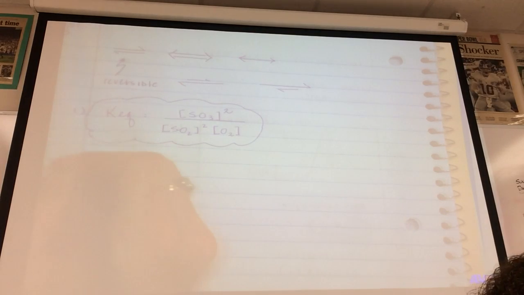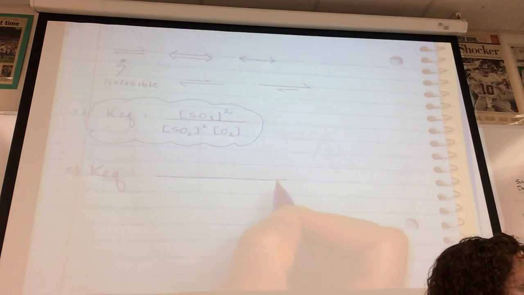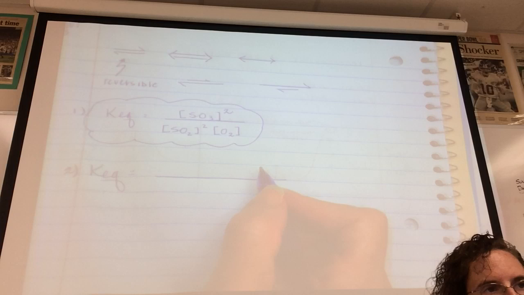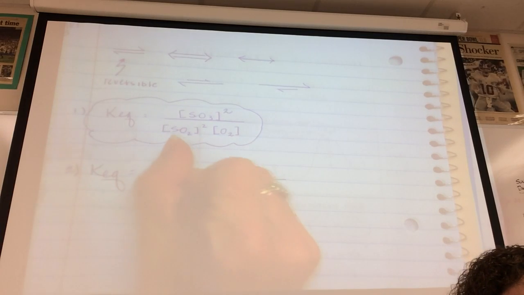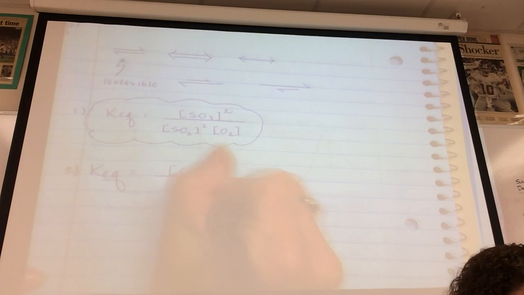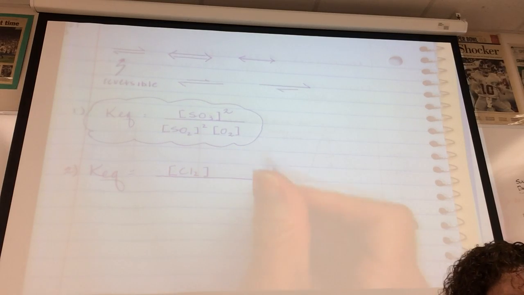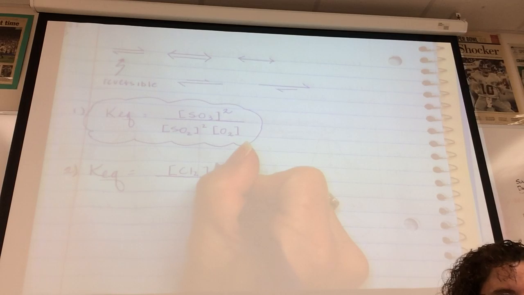In the second one, you always write KEQ. What goes on top, product or reactant? Product. So you've got chlorine gas raised to what power? I can't see the equation.